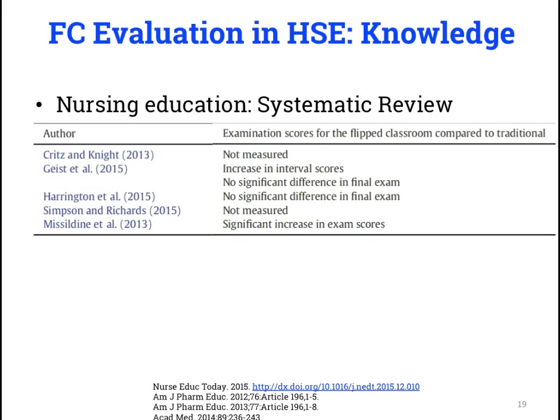We can see that in the final exam, there was only improvement in that study I mentioned, whereas in 2 studies there was no significant difference, but in one of them there was an increase in interval scores. So again, not a uniform improvement noted, but either improvement or no improvement.